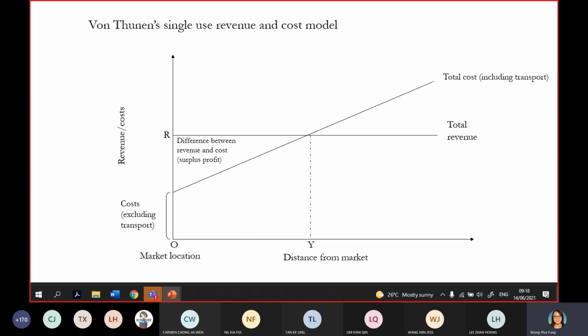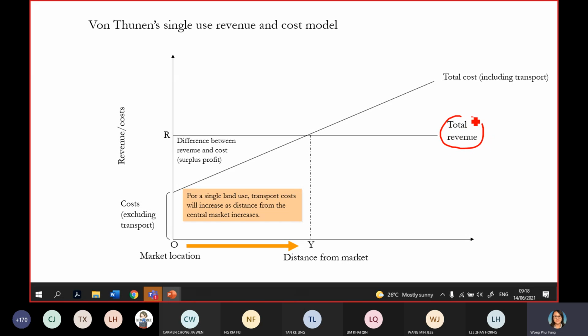Okay, look at this slide. This one is the total revenue generated. Assuming total revenue is constant, ceteris paribus, because in reality your revenue will not be the same.